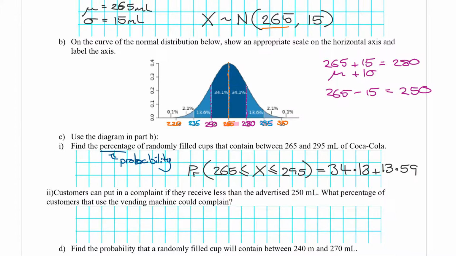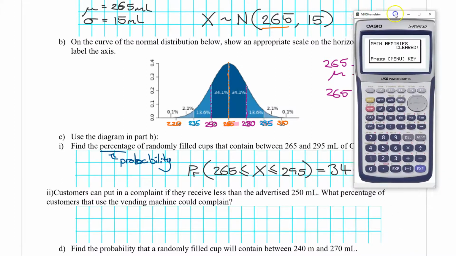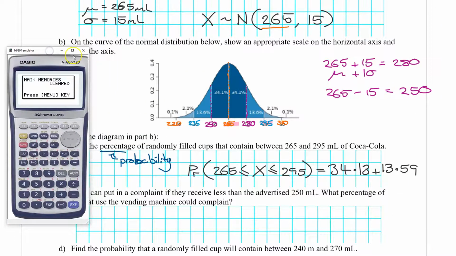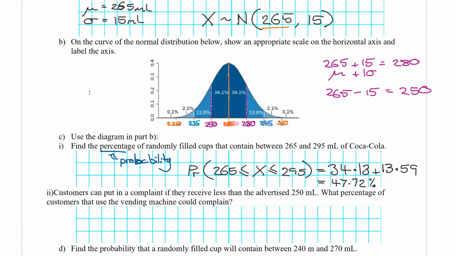Now, if I grab my calculator, let's bring in the calculator here. Okay, yep. And we're going to go 34.13 plus the 13.59. So what we find is that the percentage of randomly filled cups between 265 and 295, well, you're going to see 47.72% of the pours between 265 and 295.